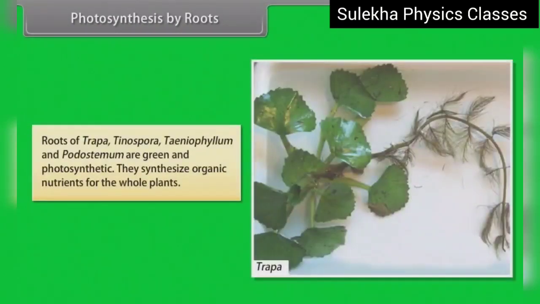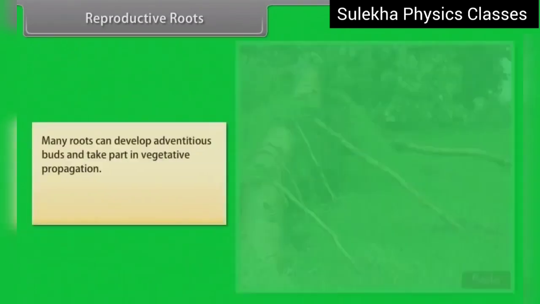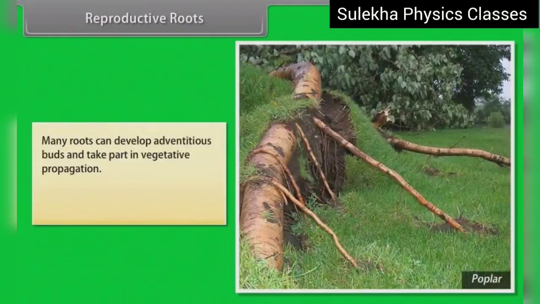Photosynthesis by roots: roots of Trapa, Tinospora, Taeniophyllum, and Podostemum are green and photosynthetic. They synthesize organic nutrients for the whole plant. Reproductive roots: many roots can develop adventitious buds and take part in vegetative propagation.